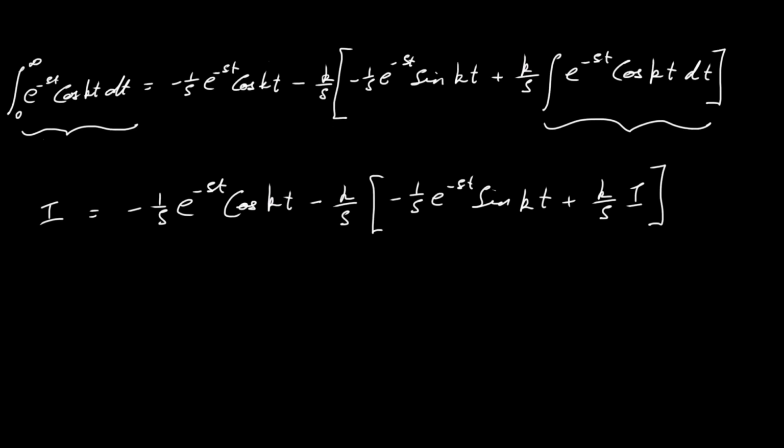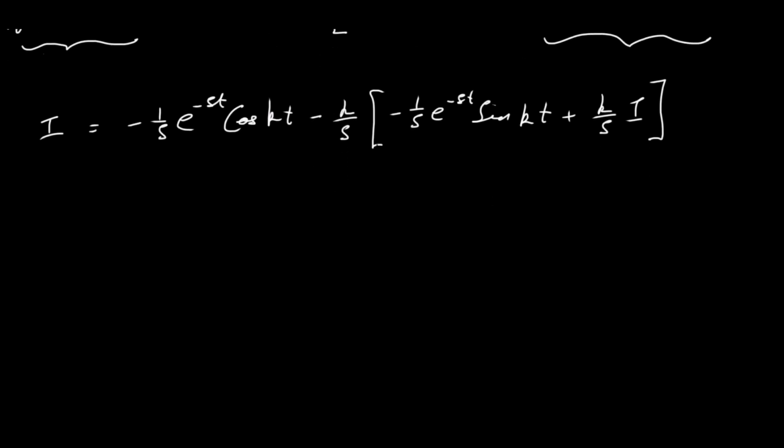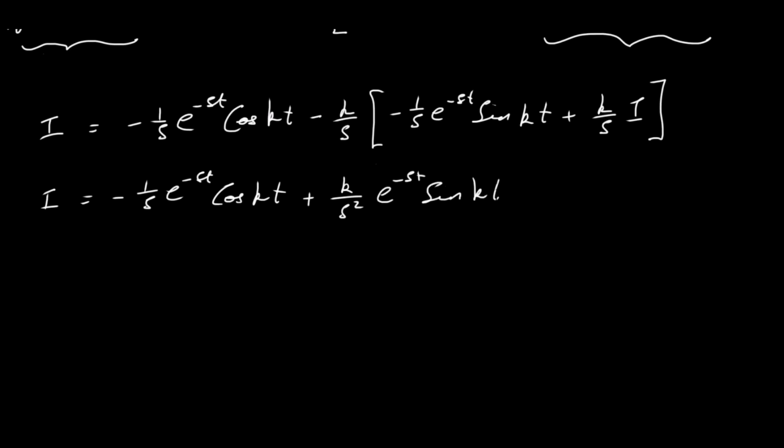So the first thing I'm going to do is just multiply out this bracket here. So we have I is equal to minus 1 over s e to the power minus st cos kt, minus times minus here is going to give me plus k over s squared, and that's times e to the power of minus st sine kt.